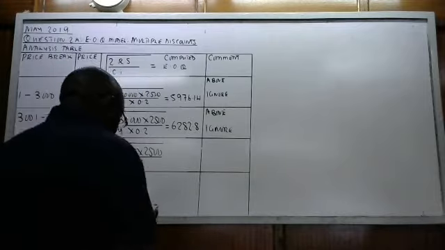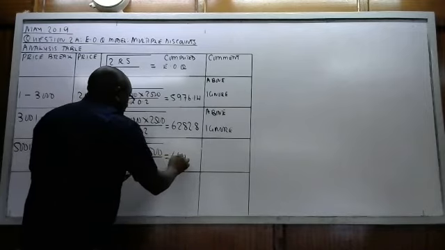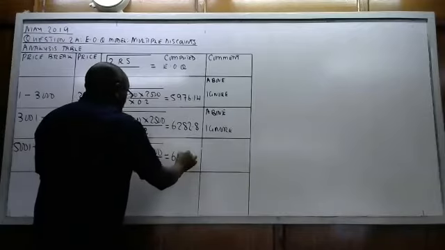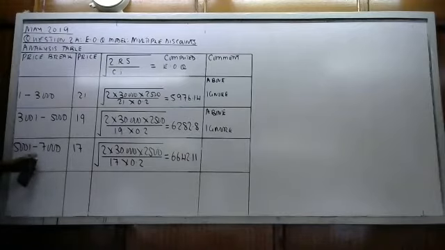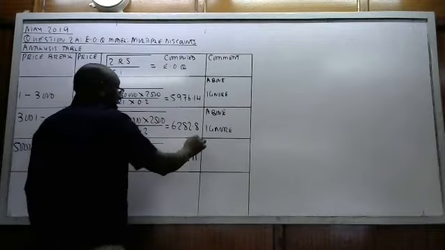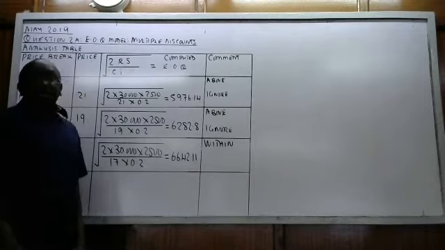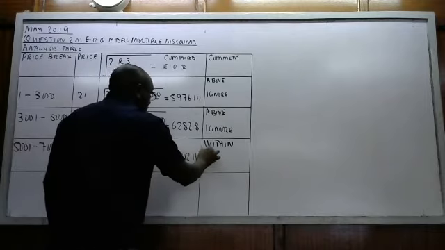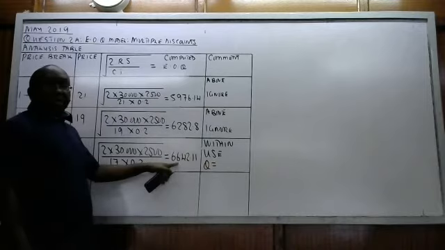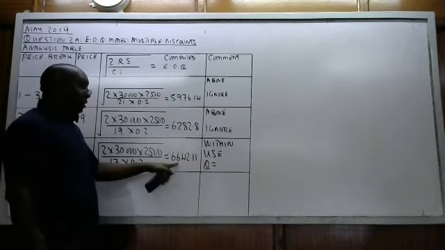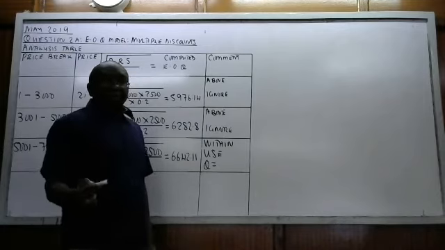Yeah, good. 6642.11. So this one is now within. So if it is within, you use Q as this one, the computed. And when you're dealing with your Q, you always round up, even if it's a 0.1.